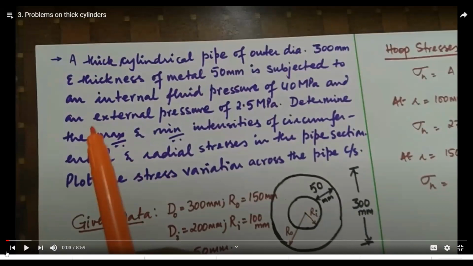So this is a small problem where you can do this one also. These are the basic things: for a circular hoop, the hoop stress and longitudinal stress, which are called normal and tangential stresses in a tube or a cylinder, can be calculated using the previous videos' formulas. The same thing you can find in strength of materials textbooks also, where you can understand the basic concepts of stress calculation.